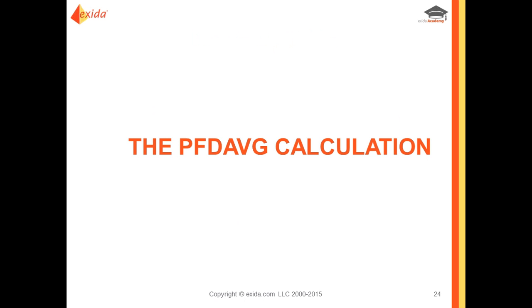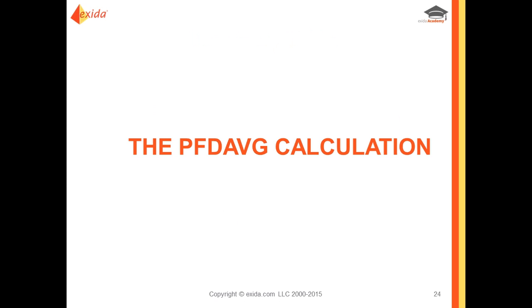And these are the tables directly from the standard. This gives you a visual of what we're talking about. This is for a type A product, which we'll discuss a little bit later. This shows you that if you have a safe failure fraction between 60 and 90%, normally a hardware fault tolerance of 0 can get you to the SIL 2 rating.